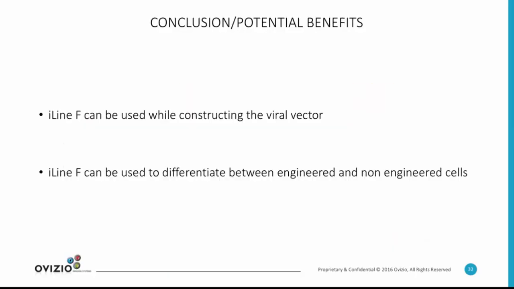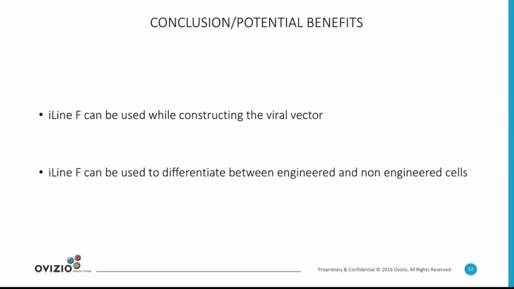So here the conclusion and the potential benefits are, of course, that the ILINE-F can be used while constructing the viral vector. So even before the whole CAR-T process starts and you are in the process of making your construct, the ILINE-F can be used to follow infection transduction processes.